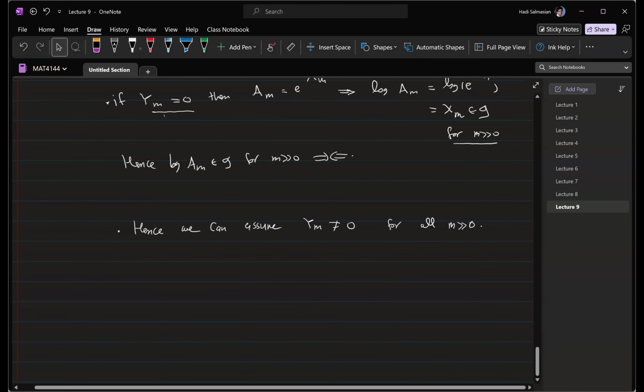Okay, but now we can use this lemma. All right, so how do we use the lemma?